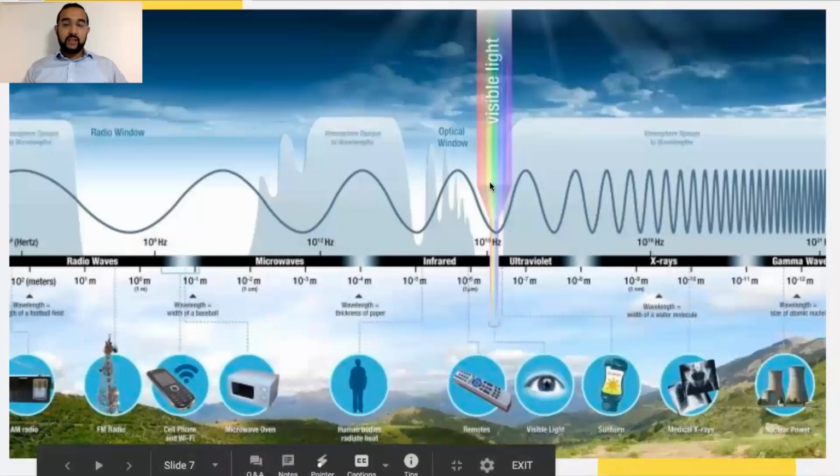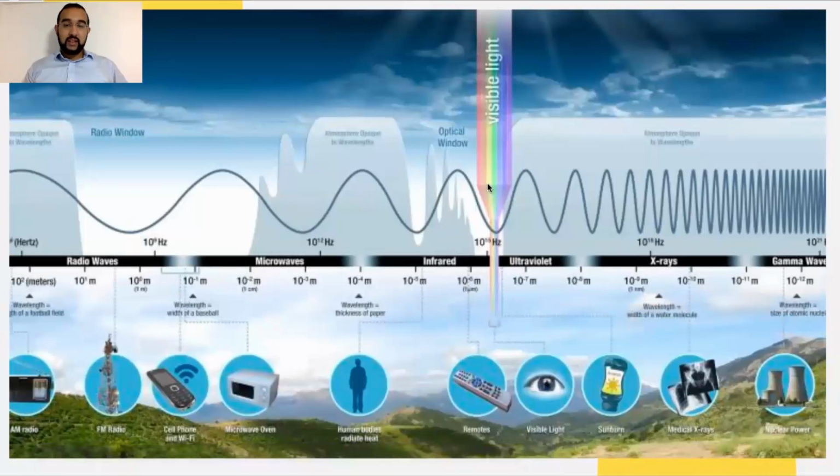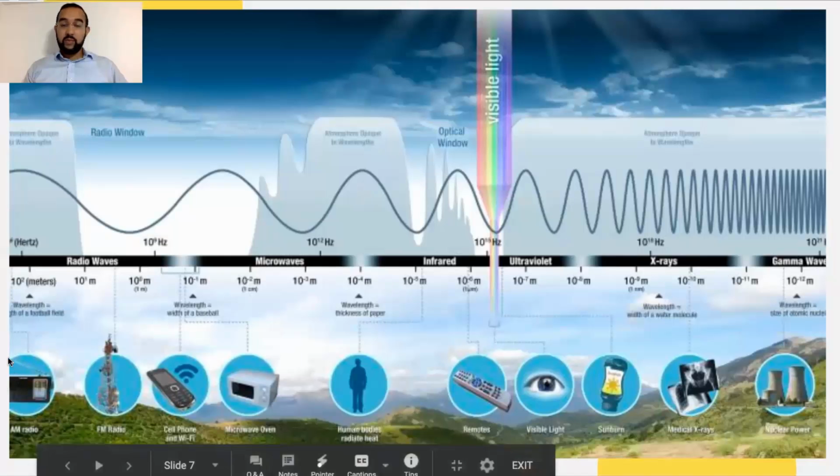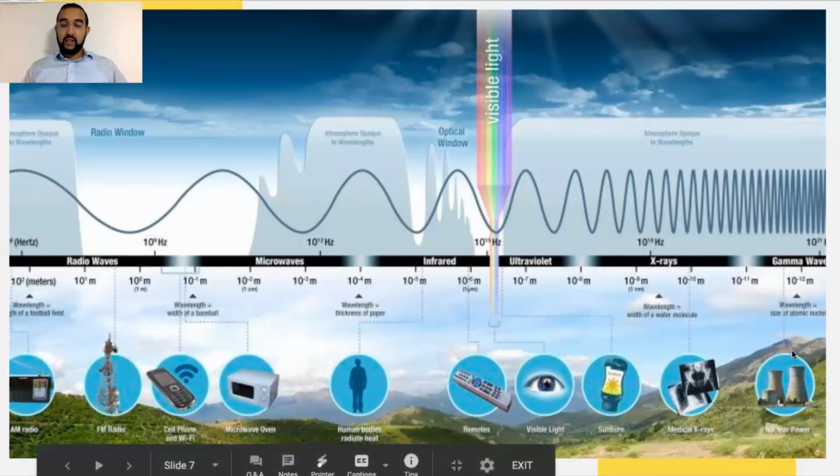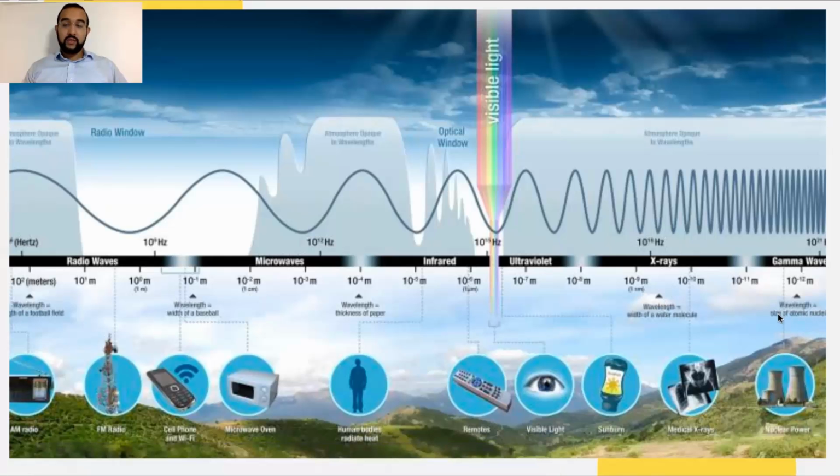So our eyes can only see the waves transmitted in this frequency. Now you have the AM radio, which has a big wave, and then you have X-rays and gamma rays that are smaller waves.